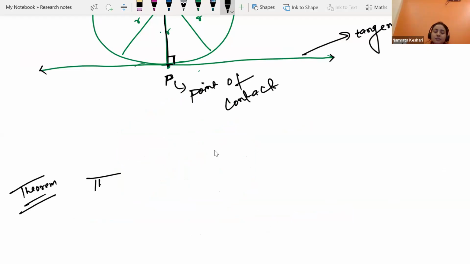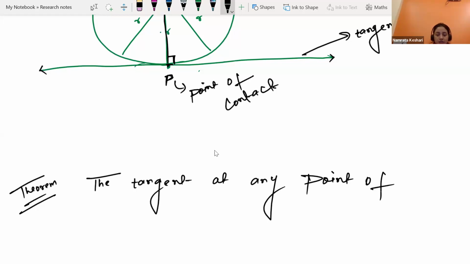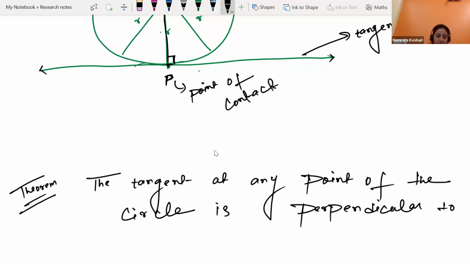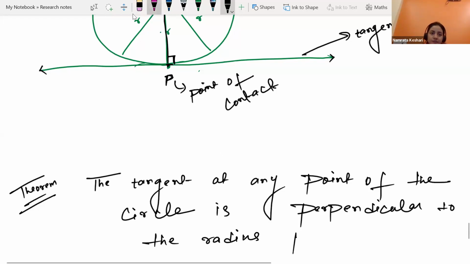It says that the tangent at any point of the circle is perpendicular to the radius through the point of contact.